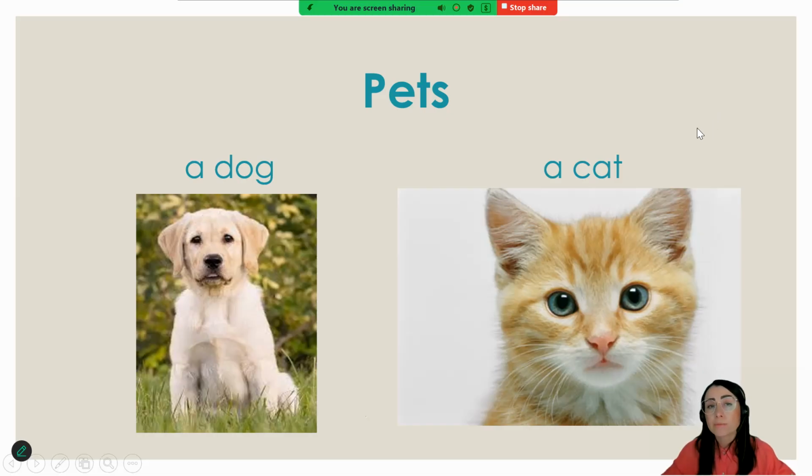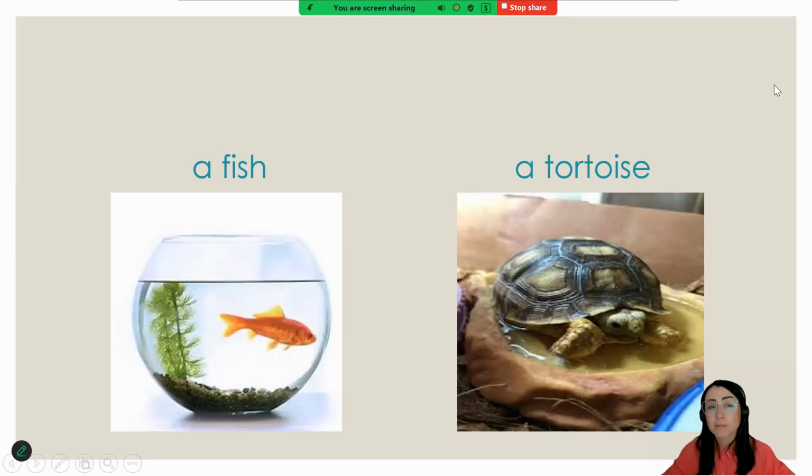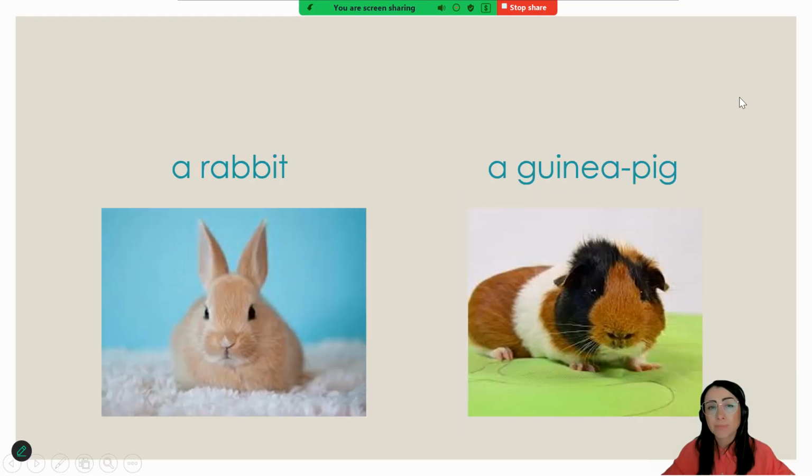A dog, a cat, a parrot, a hamster, a fish, a tortoise, a rabbit, a guinea pig.